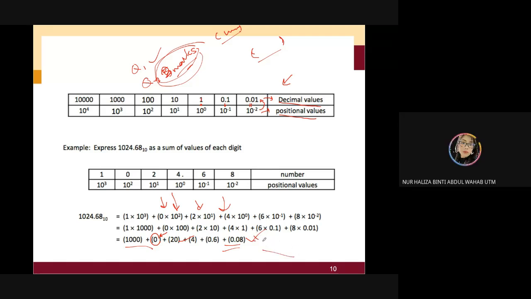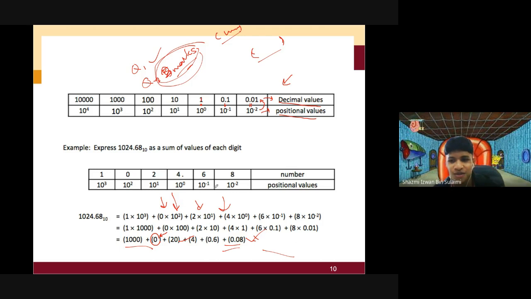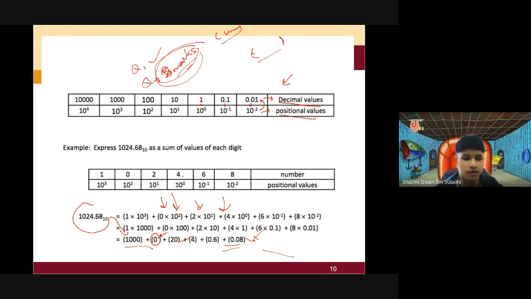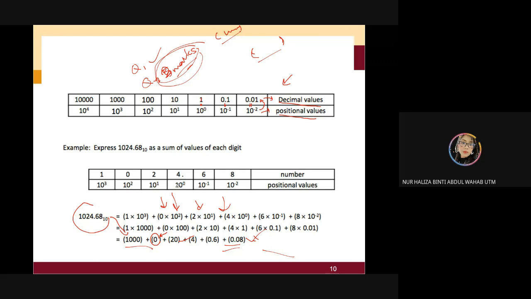There is no test question that asks you this one. This is for your understanding of what this is basically and how it represents, how the numbering system works and how we can call it 1000. Okay.